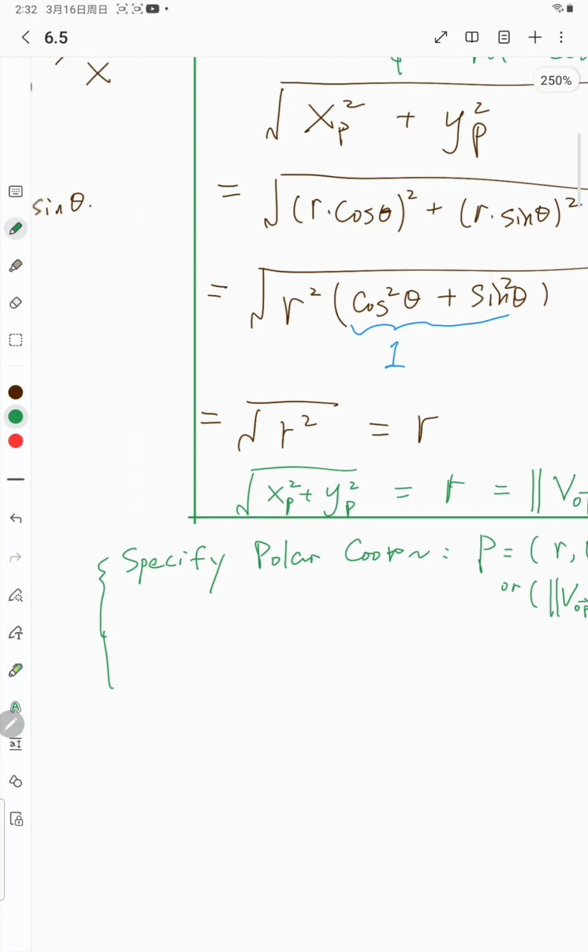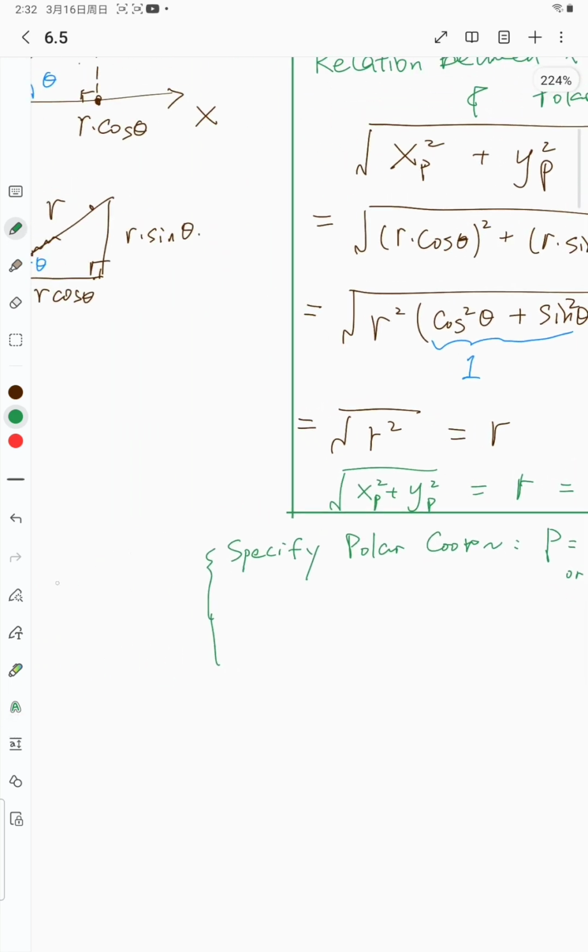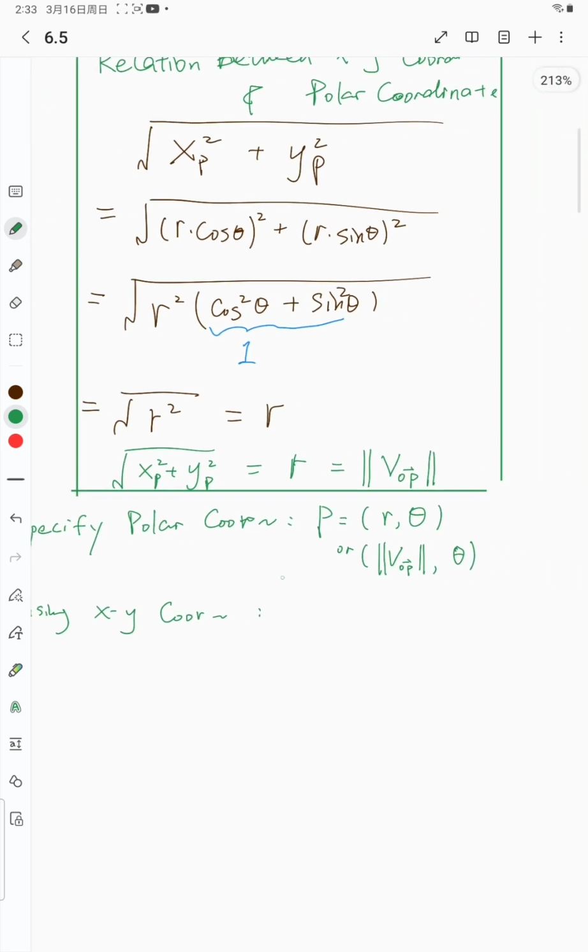Now if we specify a point P, how do we write point P using x and y coordinates? We usually write the xy coordinate just by the name, x and y.